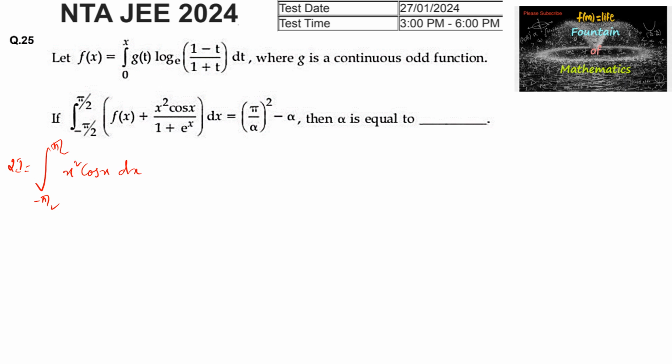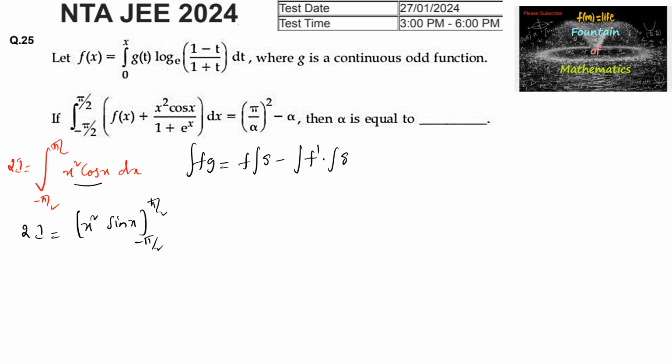Now integrating, we have 2I is equal to, by using the UV or FG rule, integral of fg is equal to f integral g minus integral of f dash into integral of g. So we can write x square into integration of cos x, which is sin x, over the limits minus pi by 2 to plus pi by 2, minus the integral of f dash, which is 2x, into integration of cos x, which is sin x, dx over the limits minus pi by 2 to plus pi by 2.